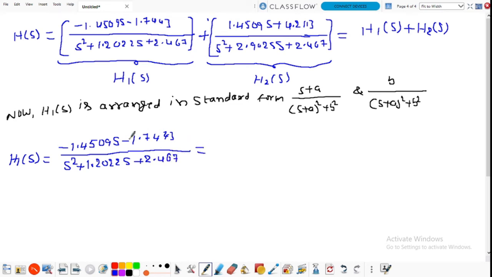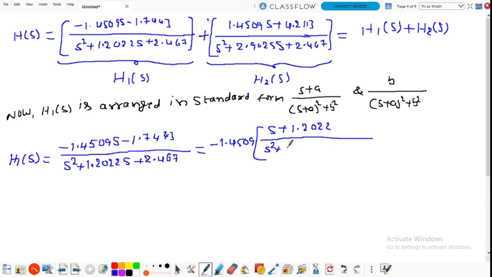In the numerator term is arranged as S plus A form. So take the common minus 1.4509 in the numerator. We get S plus 1.7443 divided by 1.4509, so that value is 1.2022, divided by S square plus the denominator term.